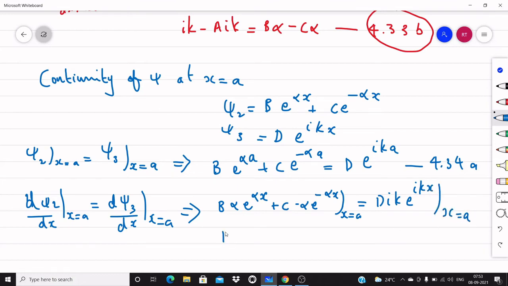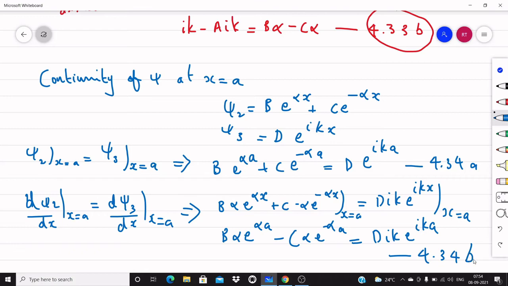So our equation is b alpha e raised to alpha a minus c alpha e raised to minus alpha a is equal to d i k e raised to i k a.